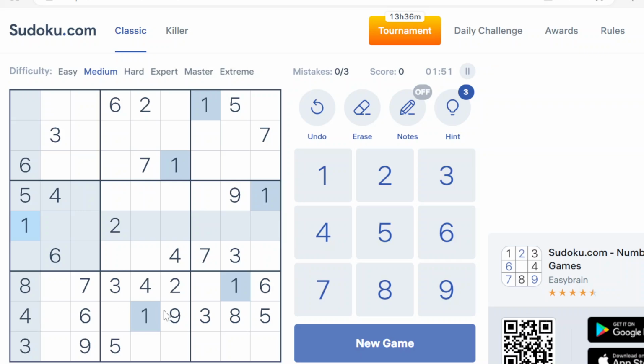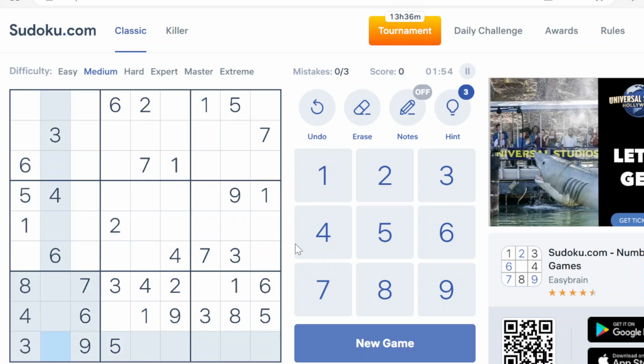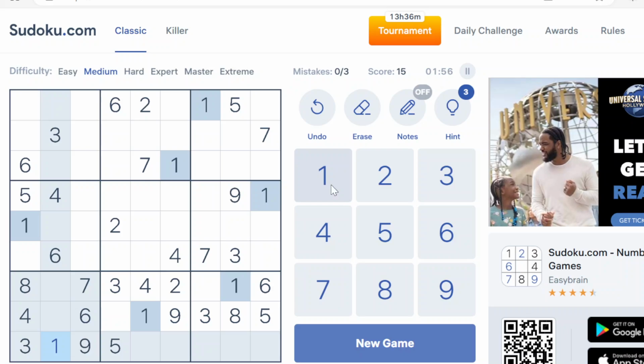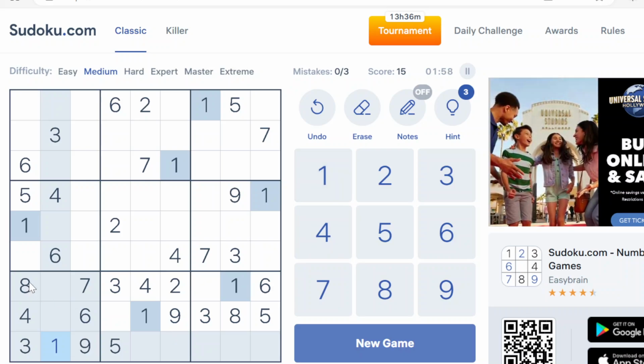And so just looking at this, I already know that the number 1 is in here. I know this because this row can only have the number 1 appear once, and 1 is already here, so it can't be here, and it can only appear in this 3 by 3 square once, so it can't be here. It also can't be here because 1 is in this row, which means that it has to be here.